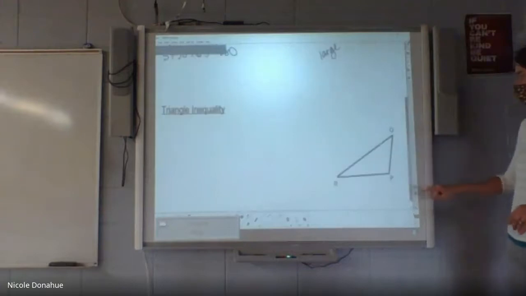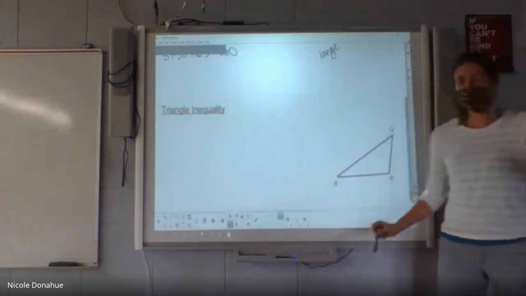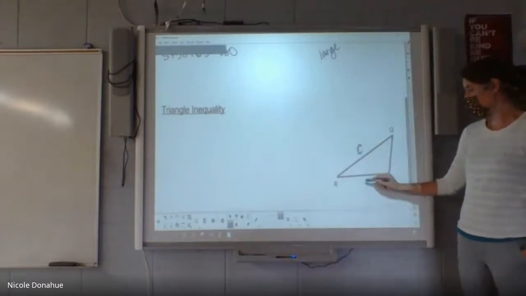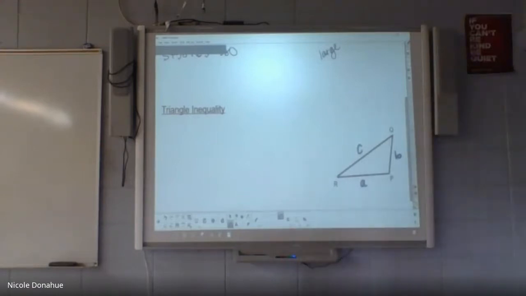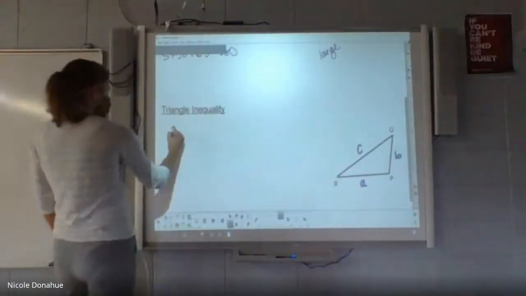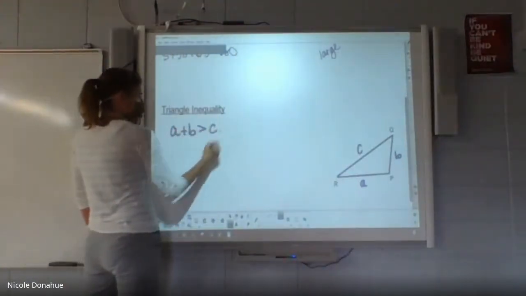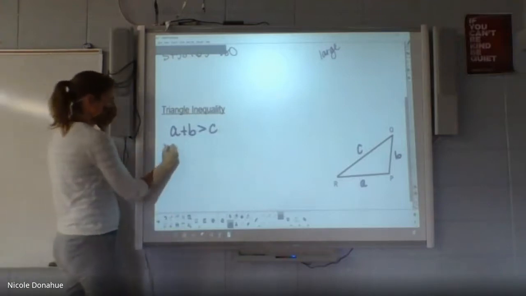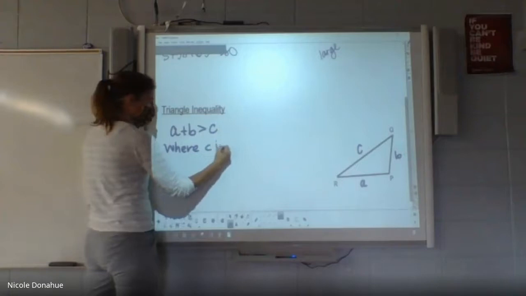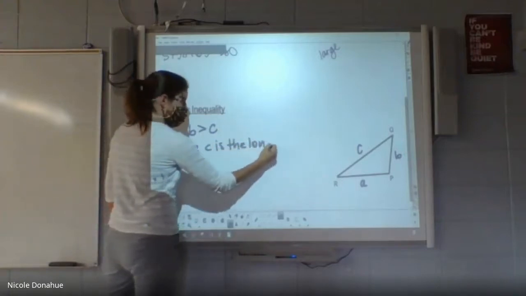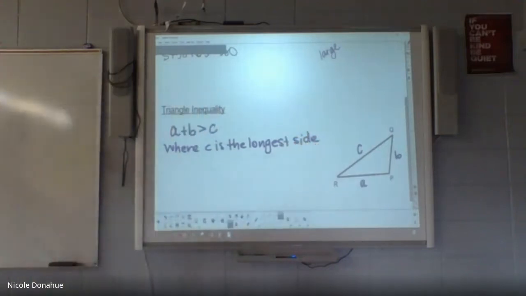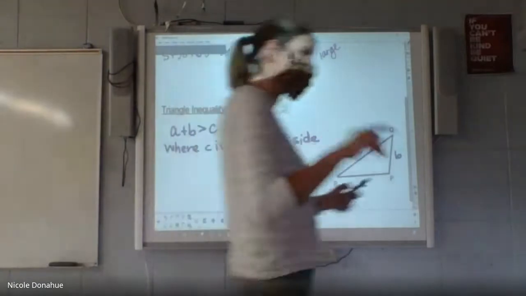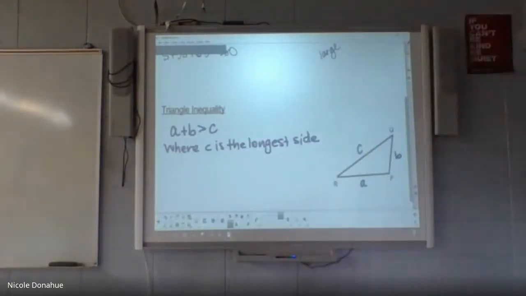So kind of using this example, I am going to use A, B, and C. I'm going to call this my C, my longest side, and then my A and B. So in general, A and B need to be greater than C. So the two shorter sides together have to be bigger than the longest side.